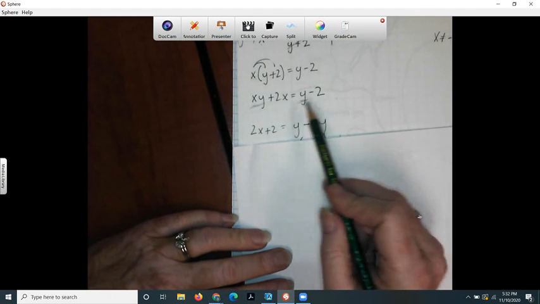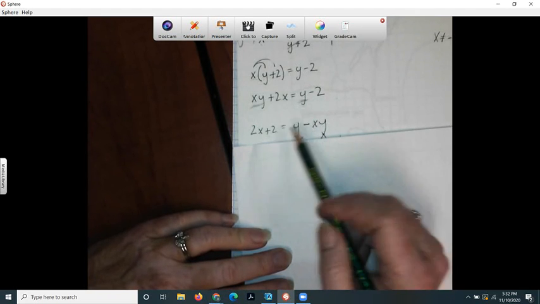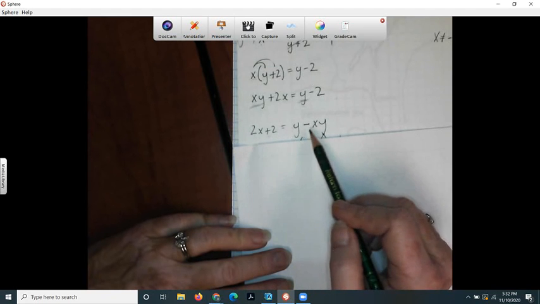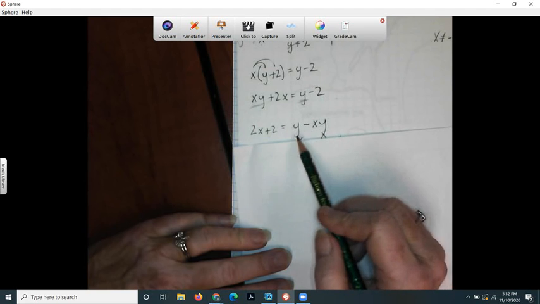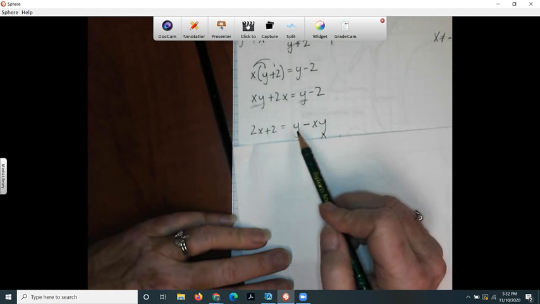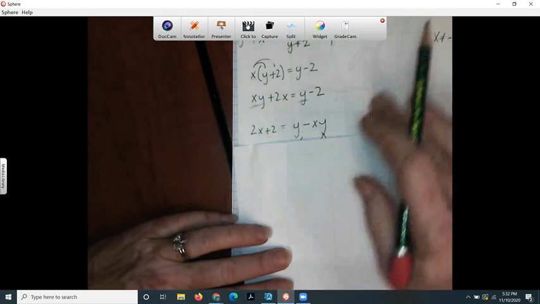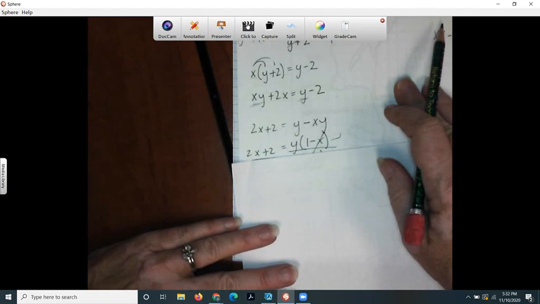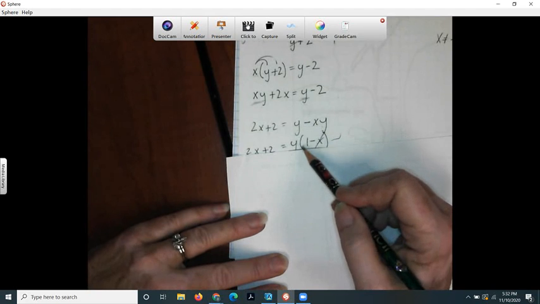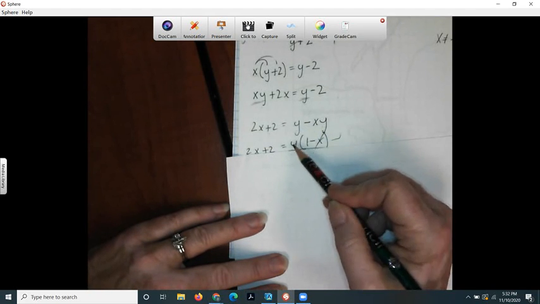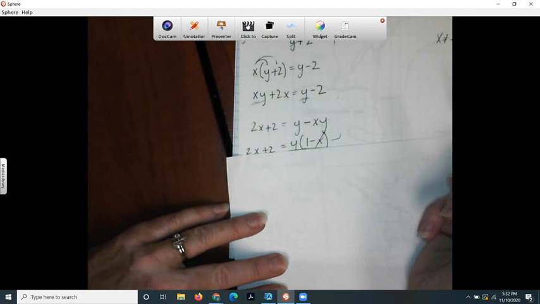Okay, so I kind of let them switch places a little bit. So now over here are my y terms, because remember I'm trying to solve it for y. And all I have to do now is factor out a y. See, if I go like this times this equals this, this times this equals this, so I factored out y.